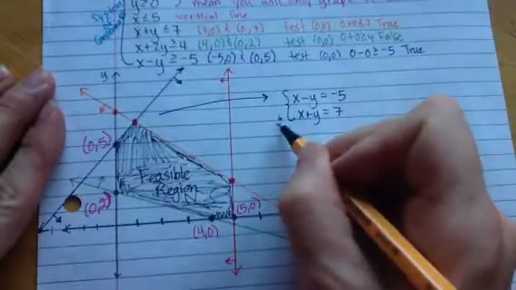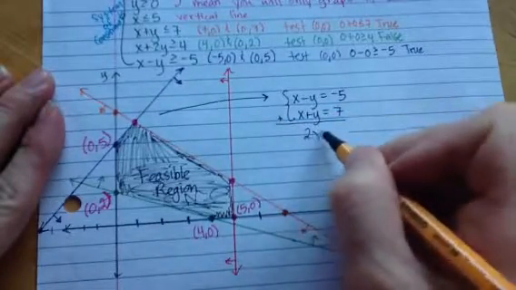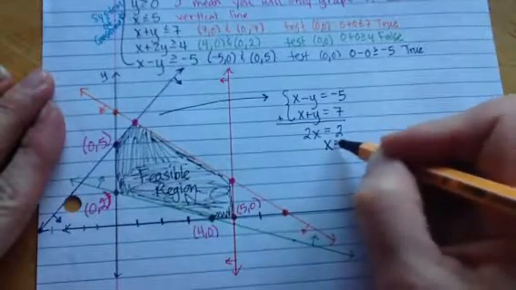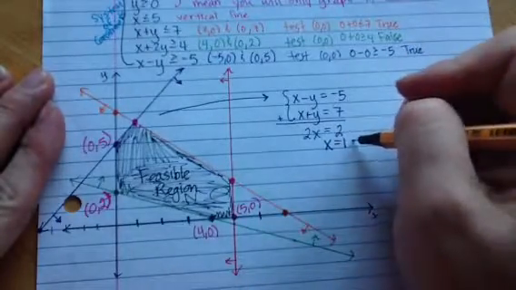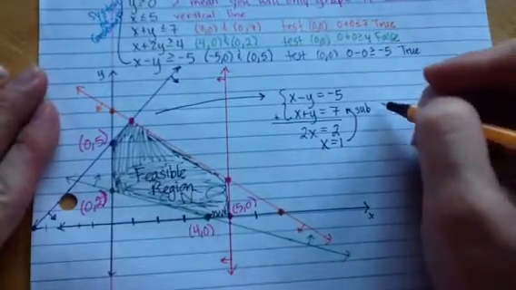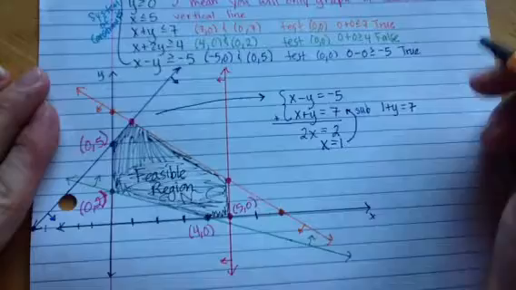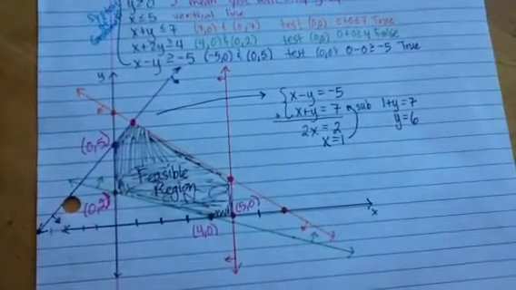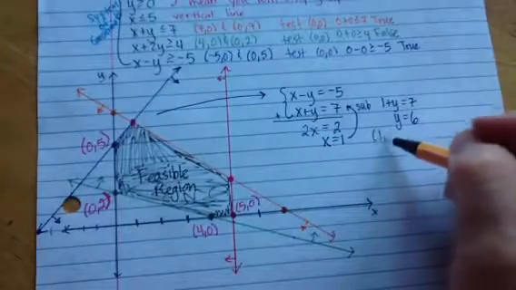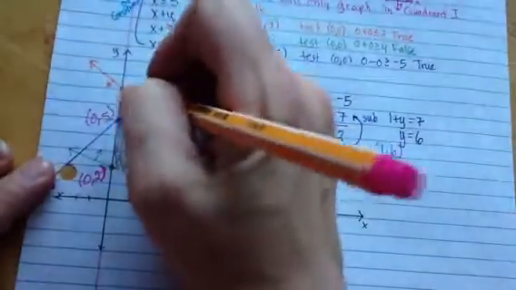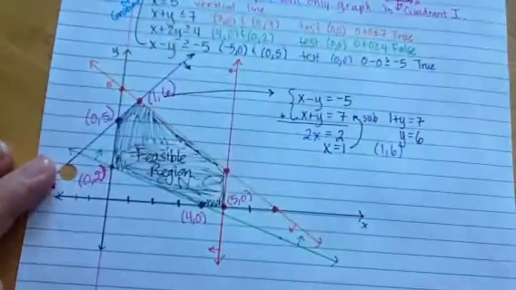When I add those together, I get 2x equals -5 plus 7 is 2. So x equals 1, and then sub that back into one of these. So I have 1 plus y equals 7, so y is 6. So that's going to give me the ordered pair 1, 6. So I'll label that on here, 1, 6.